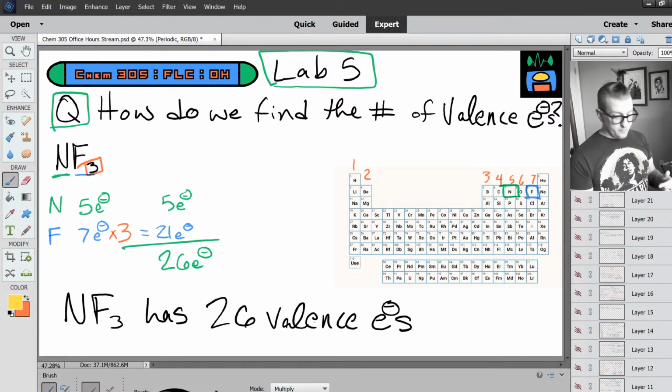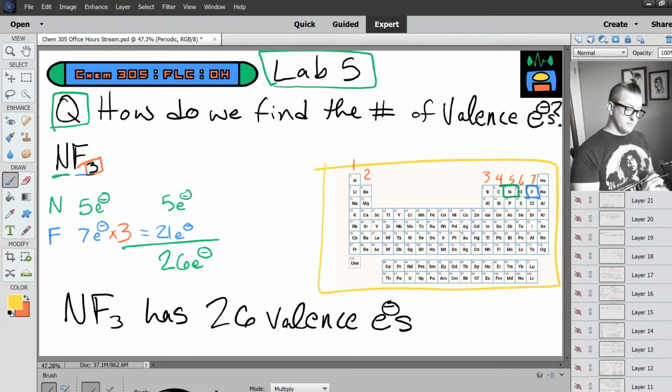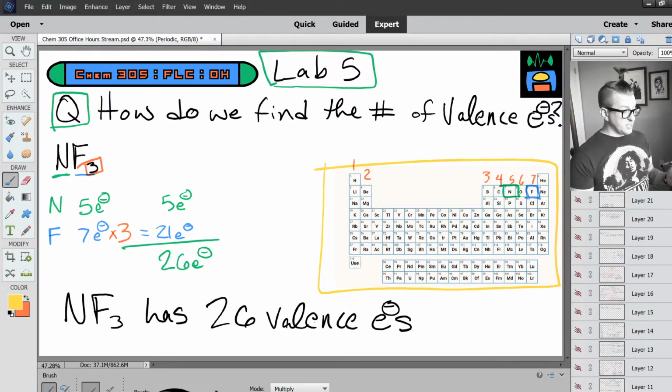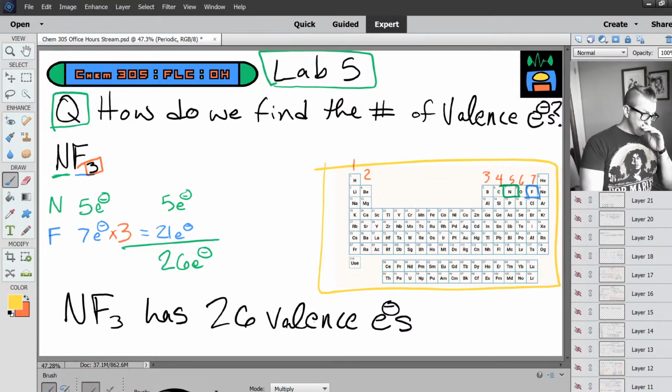Kate, you can use the periodic table as your quick guide to determine how many valence electrons each atom has. Then you total them up.